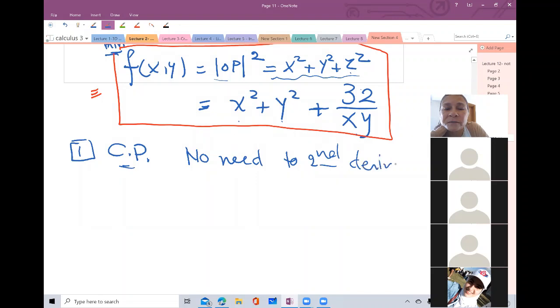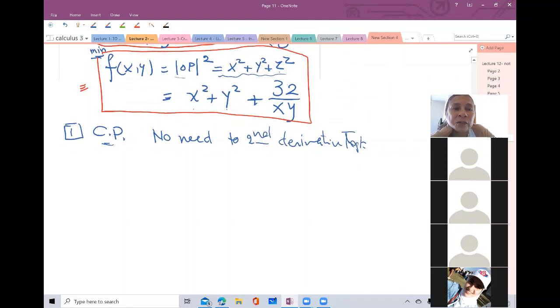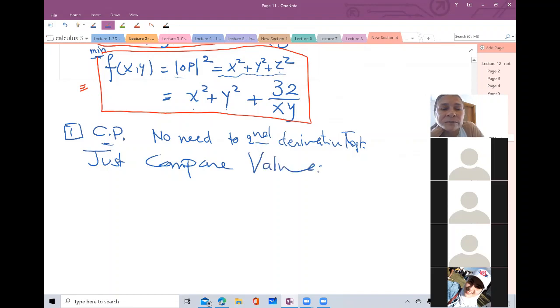Okay? Because it will be obvious: I'll get values and only compare them. If I have more than one point, I'm going to compare values.